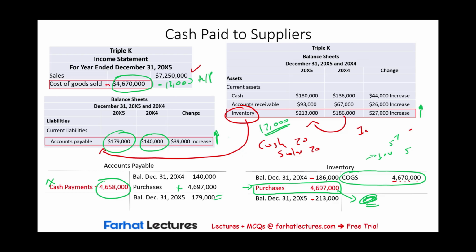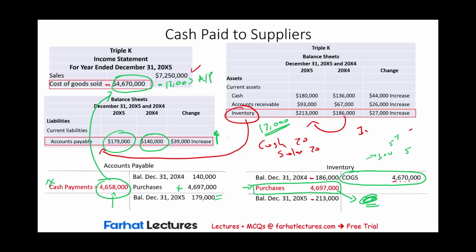The net difference between the increase in inventory and accounts payable. Therefore, the cash paid is 4,658,000, which is 12,000 less than 4,670,000.